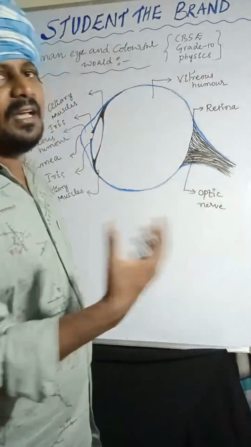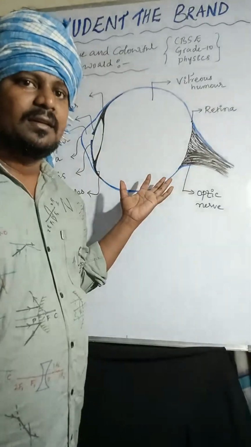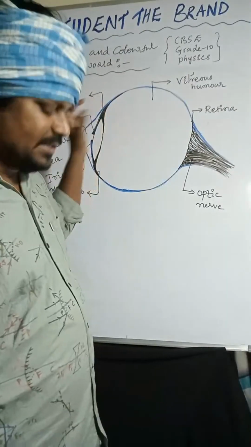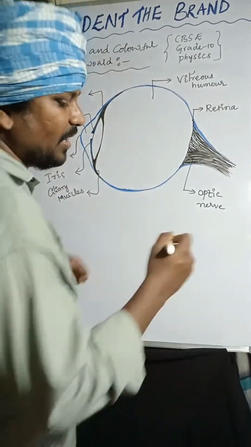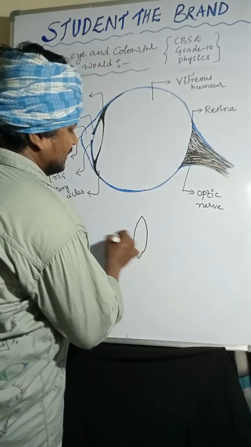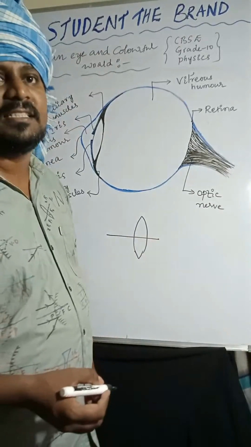When you are seeing a nearby object, the eye lens becomes thick and the focal length decreases, so that we can see a near distance object.